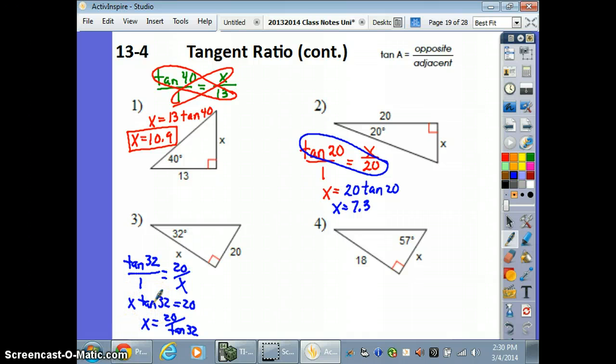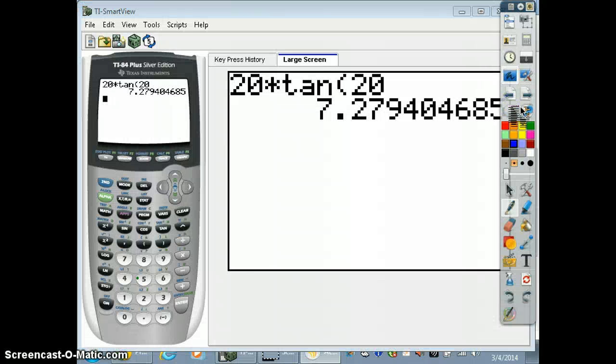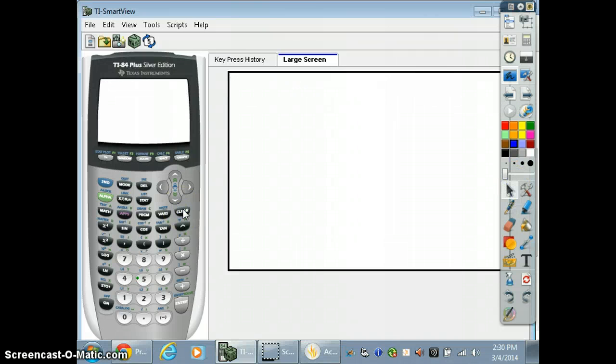Okay, so let's go to the calculator and do that. It's 20 divided by the tangent of 32.